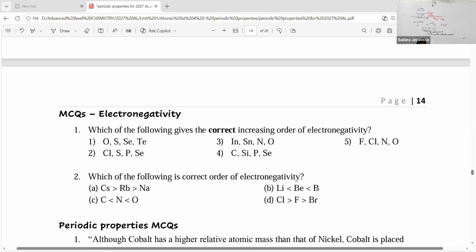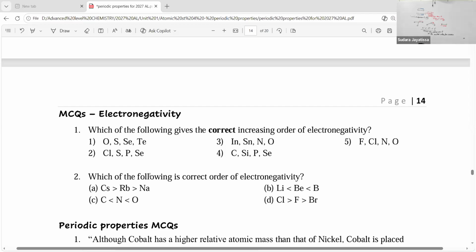Both have the same values, but write nitrogen first. You'll understand why later. Nitrogen, chlorine, oxygen, and fluorine. Good. Anyway, the answer is answer 3.